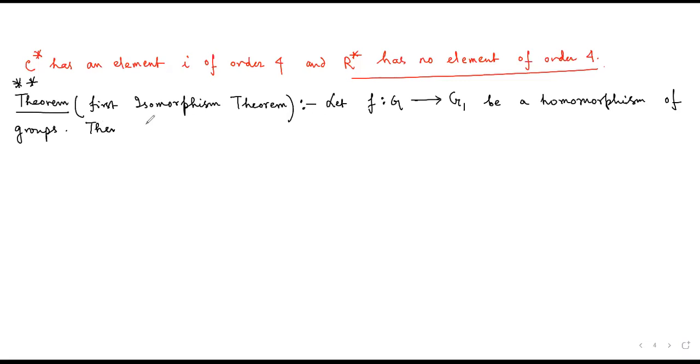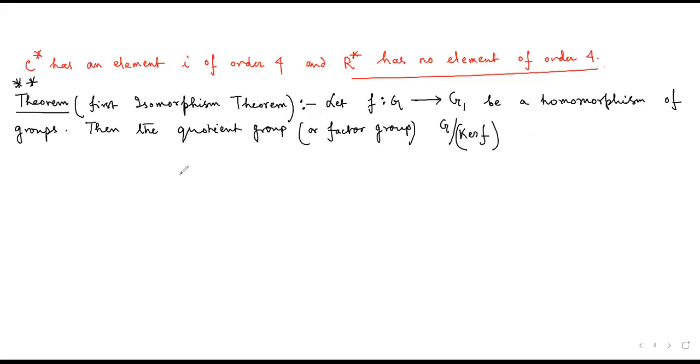Then the quotient group, or factor group, G slash ker F. Ker F you already know, because you did the problem in the examination a few minutes ago. I defined the kernel of F in the question paper, so probably you have understood the definition. The definition is clearly written.